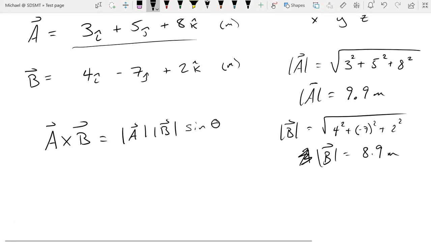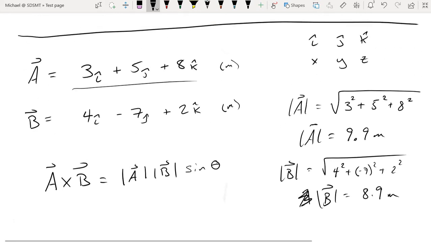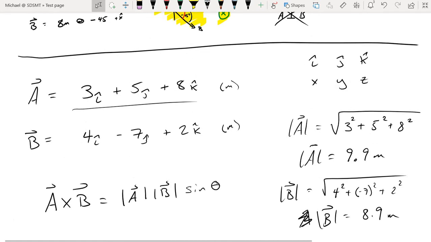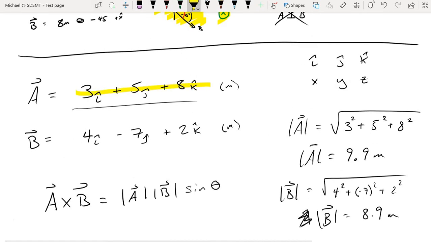Now we need to know what is the angle relationship between those two vectors. And looking back here, the only thing I know is the components of those vectors. And I really don't want to attempt to draw these vectors out in 3D space somewhere.